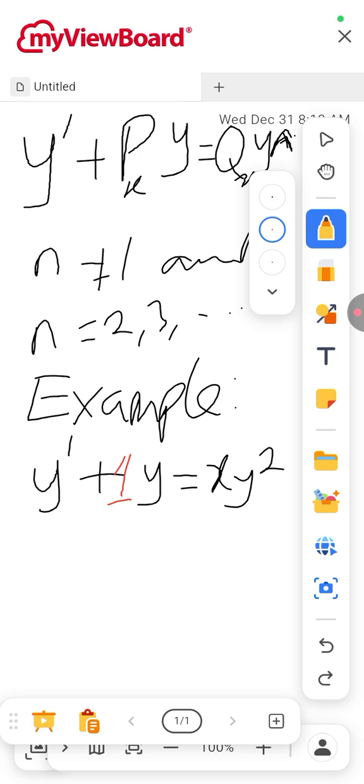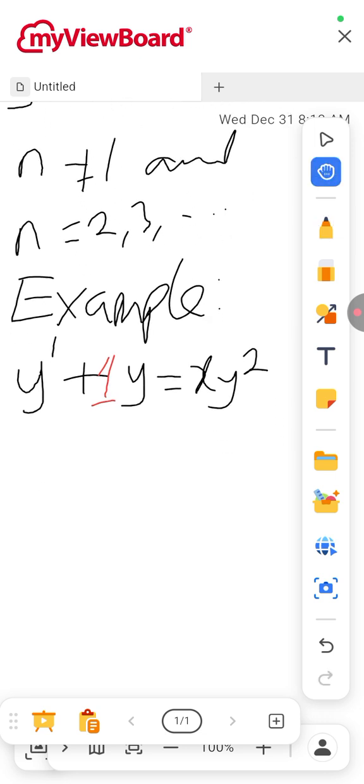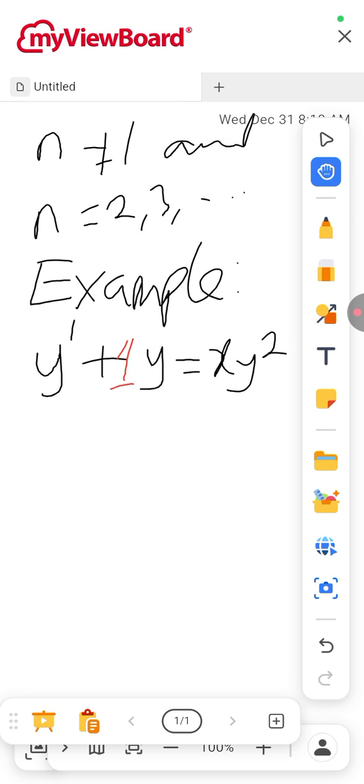So that's the first thing you have to know: identify what type of DE you are solving. Now that we have identified that it's a Bernoulli DE, the next thing we are going to use is the substitution method, where we substitute v equals y raised to power 1 minus n.